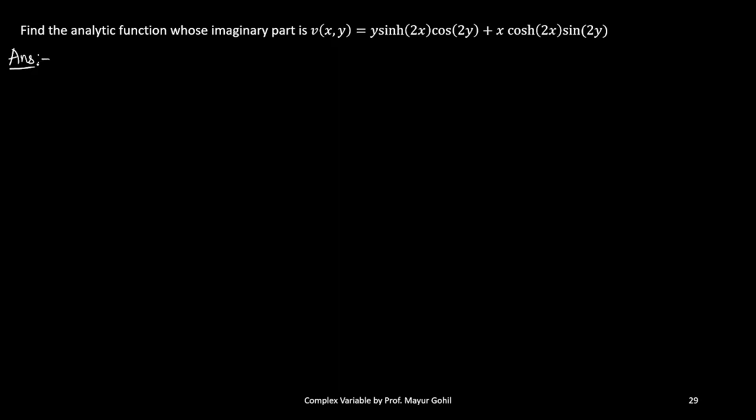So here again the standard step is there. Let f(z) = u + iv be analytic. Now because it is analytic, we have the derivative f'(z) = ux + ivx.